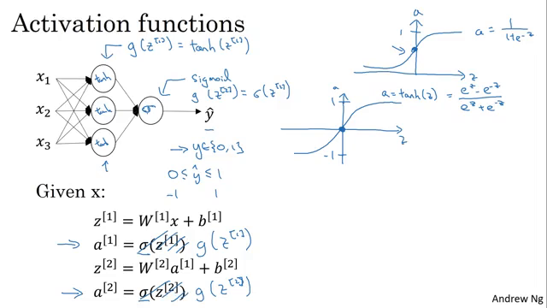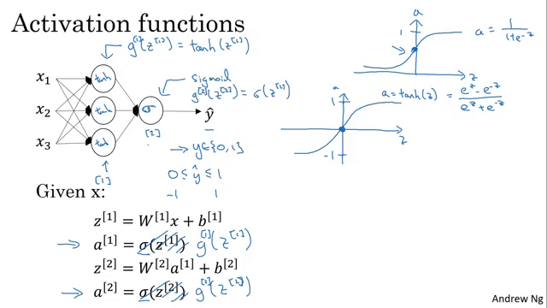And sometimes to denote that the activation functions are different for different layers, we might use these square bracket superscripts as well to indicate that g of square bracket 1 may be different than g of square bracket 2, right? And again, square bracket 1 superscript refers to this layer, and superscript square bracket 2 refers to the output layer.